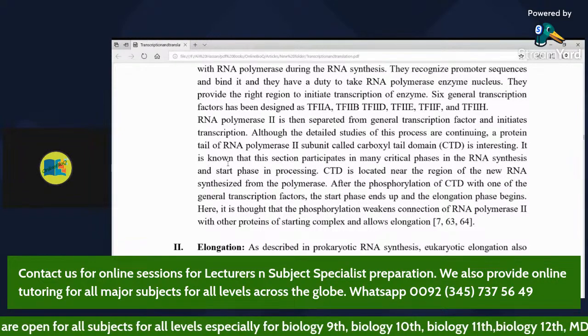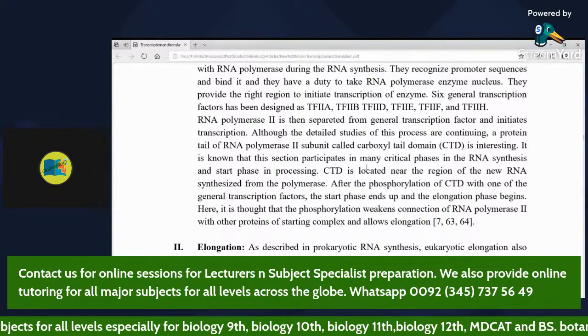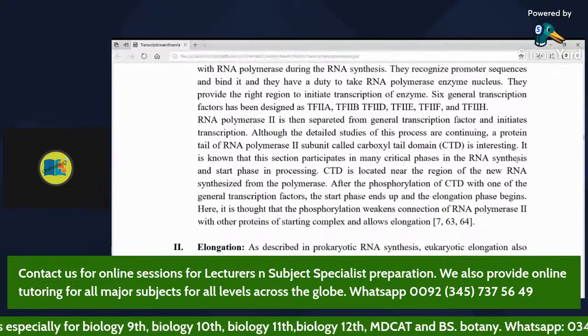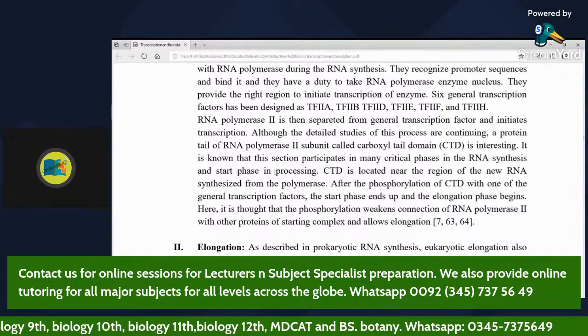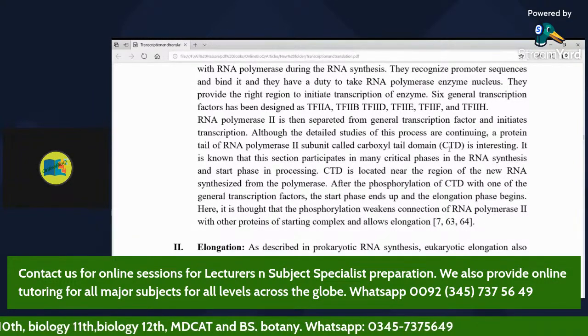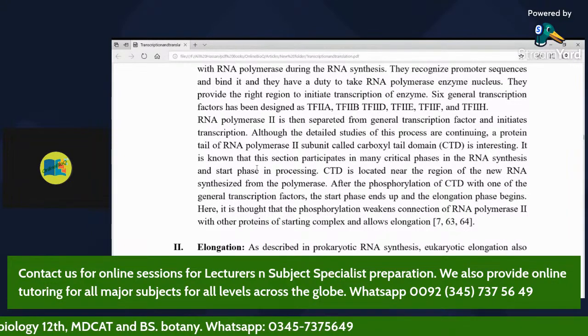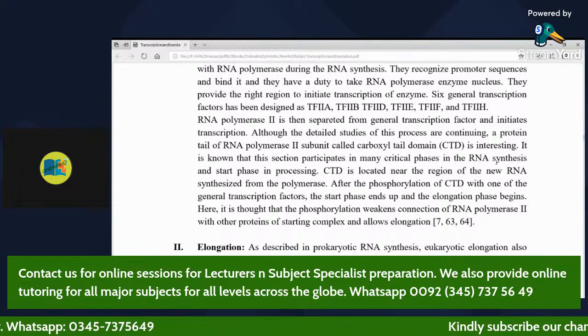It is known that this section participates in many critical phases in RNA synthesis, from the start phase to processing.